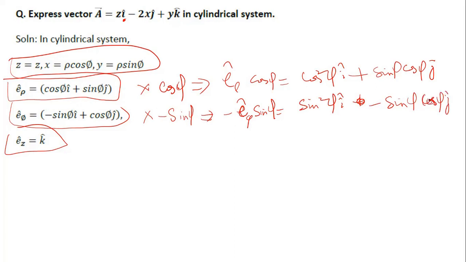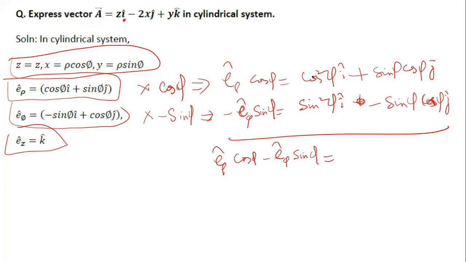My handwriting is very poor over here. Now if you add these two, this will be e rho cos phi minus e phi sine phi, and this will be sine square phi plus cos square phi into i cap, and the j cap terms will cancel out.